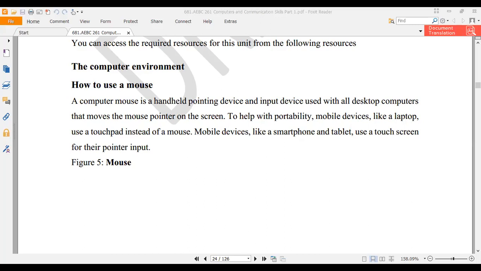So there are two major input devices that we usually use in our computer system, and that is the mouse and the keyboard. In this lesson, we're going to concentrate on the mouse.